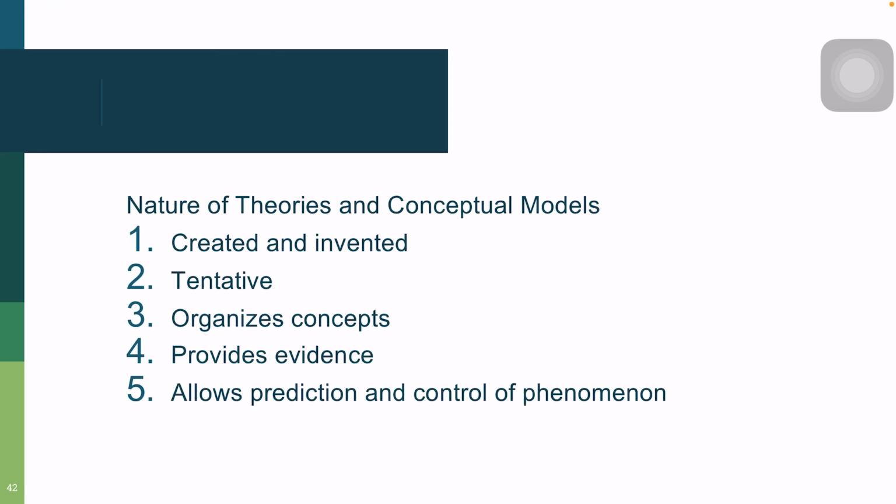And it also allows prediction and control of the phenomenon. Your theories and conceptual models can guide researchers' understanding of not only what the phenomenon is about, but also why it occurs. So theories often provide a basis for predicting and controlling the phenomenon.